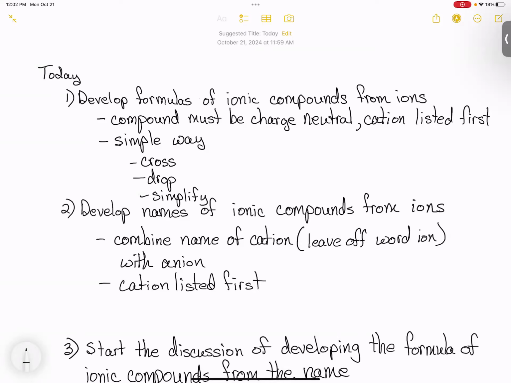If I ask you what charge silver has, +1. How about zinc and cadmium? +2. And how about aluminum, gallium, and indium? +3. How about all the other metals? You gotta have Roman numerals. That's extremely important when we start getting into naming these compounds.